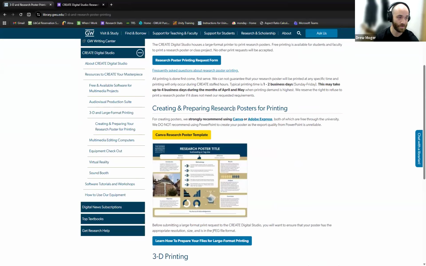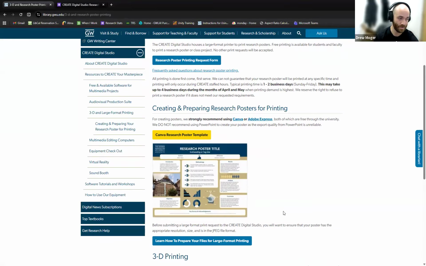If we scroll down on our printing page here, we have creating and preparing research posters for printing. You all have your own template you're working with, so you probably don't want to work with ours, but for future reference, we have a template we've made that is available in Canva. So if you're a Canva user, you can copy our template and use it just like that.